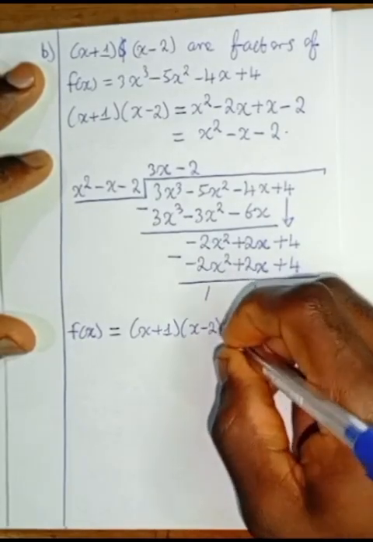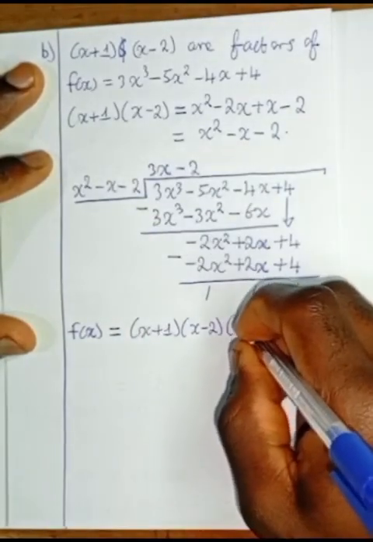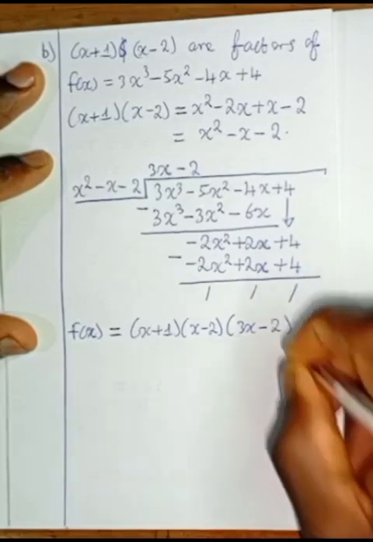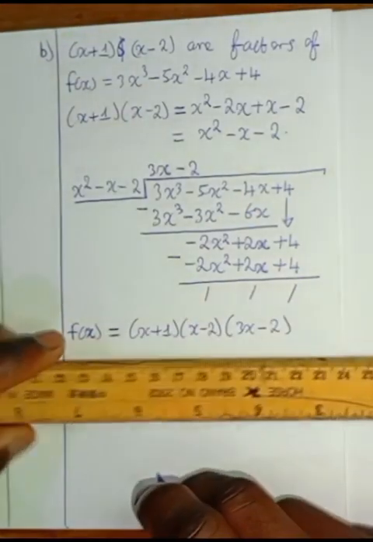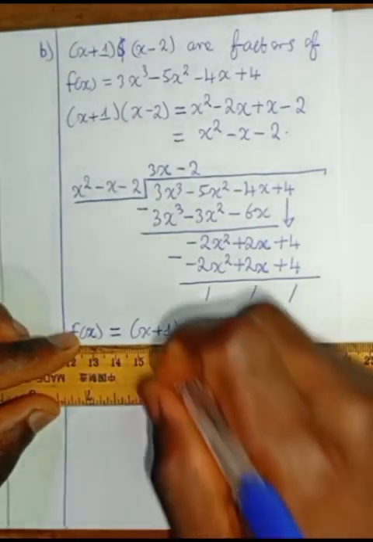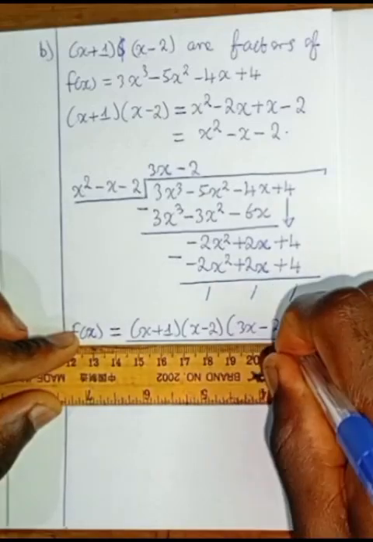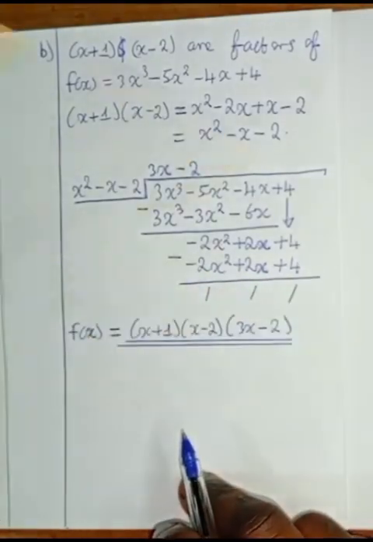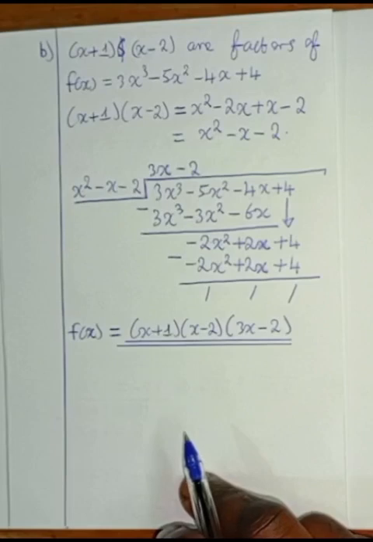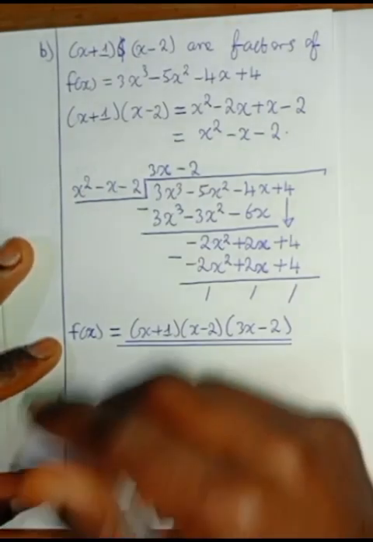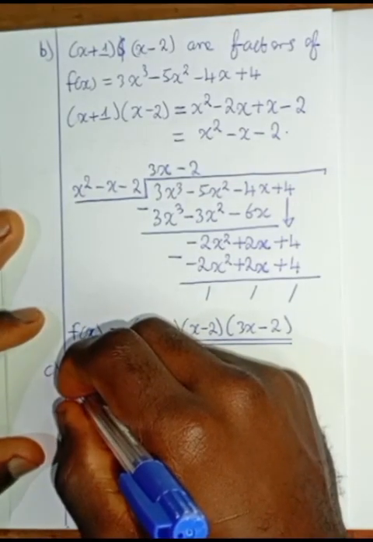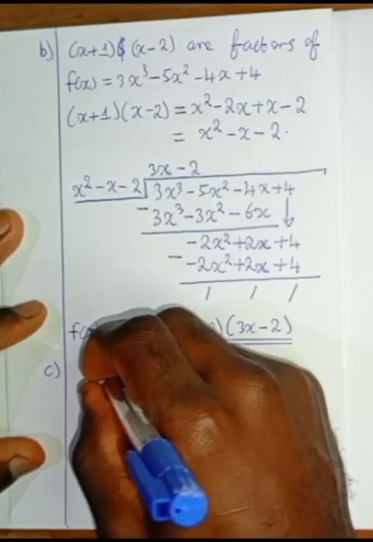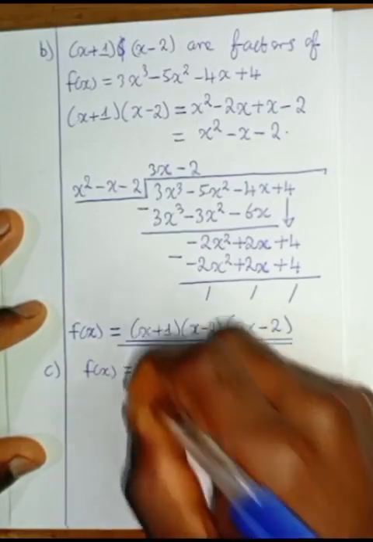We are going to multiply it by the quotient, which is 3x minus 2. Therefore, this is the factorization of the polynomial f of x equal to 3x cubed minus 5x squared minus 4x plus 4. So the next question C says we should solve the equation f of x equal to 0.